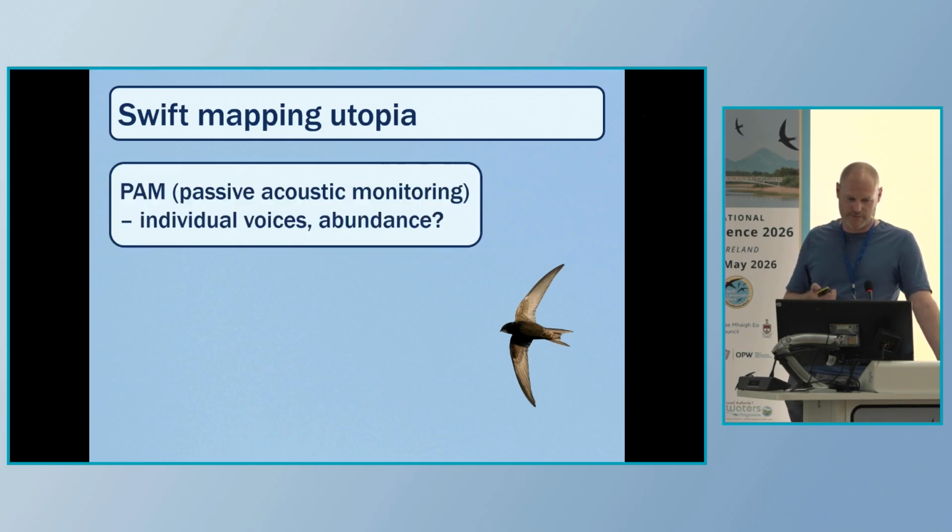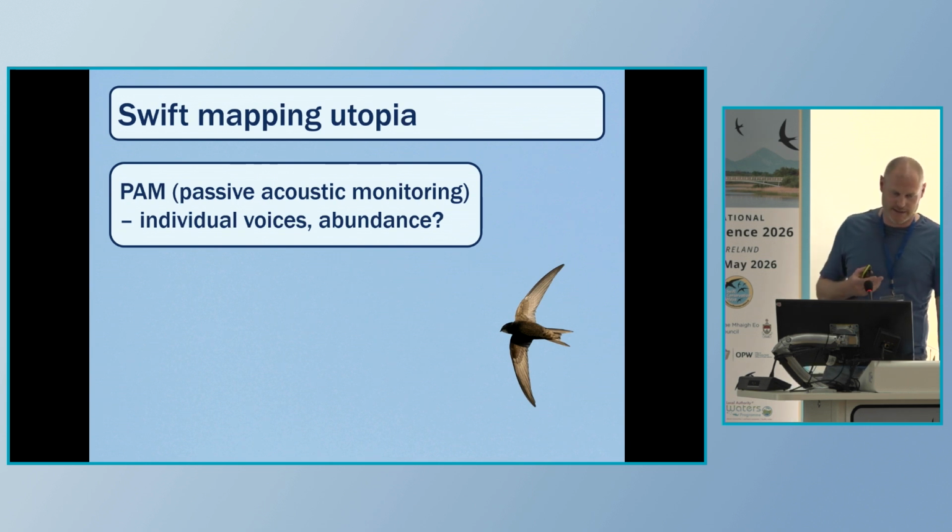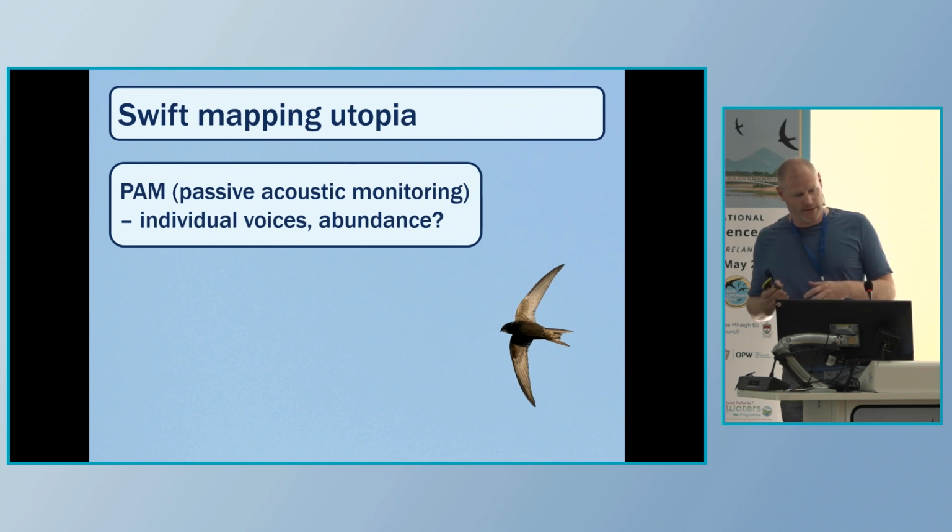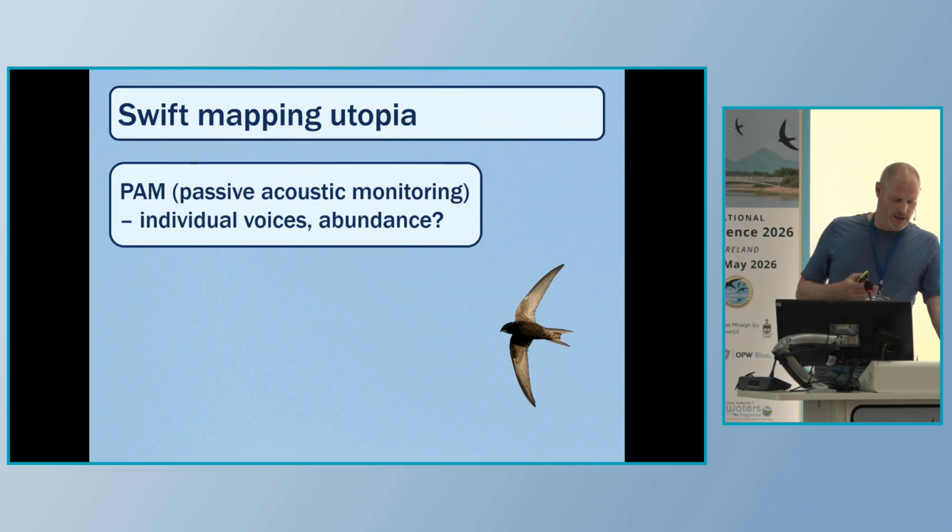So the first one is passive acoustic monitoring. We had a talk about this in nest boxes, but this will be similar to the passive acoustic monitoring in forests, where you put microphones at the buildings and you try to recognize maybe individual voices, but that's probably reserved to songbirds.